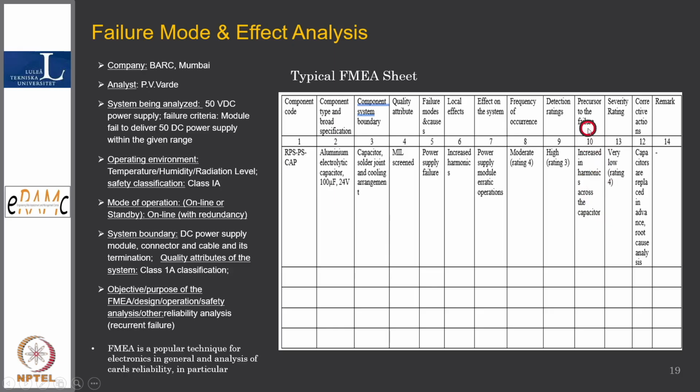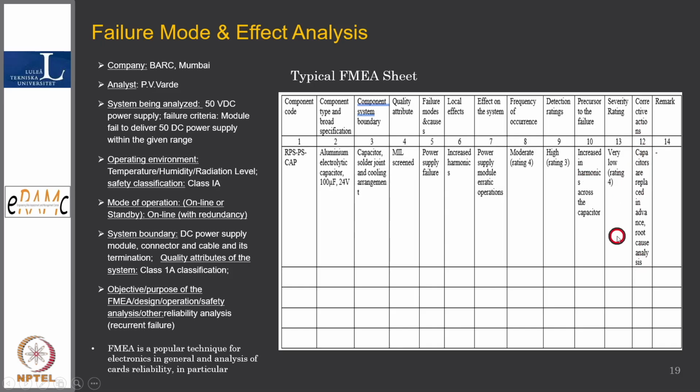So this is the precursor here. Okay. So if somebody wants to understand capacitor degradation, this is the matrix that is available. Severity is very low because it might not be impacting because of redundancy and diversity. Okay. And then consequence, corrective actions, either repair, replace, and all those things will be there.